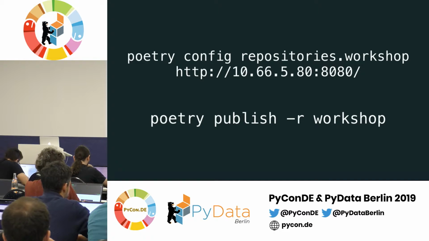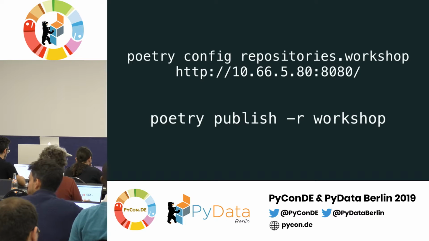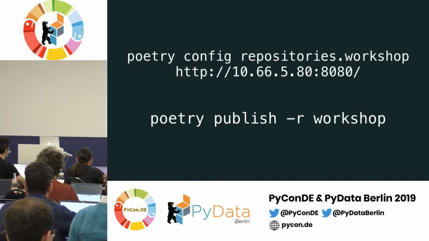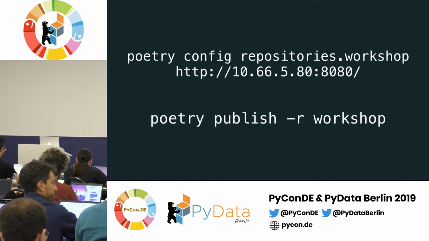I'll have to come over and take a look. Regarding the dependency, if I provide the name of the package without the version, it's going to get the latest version.